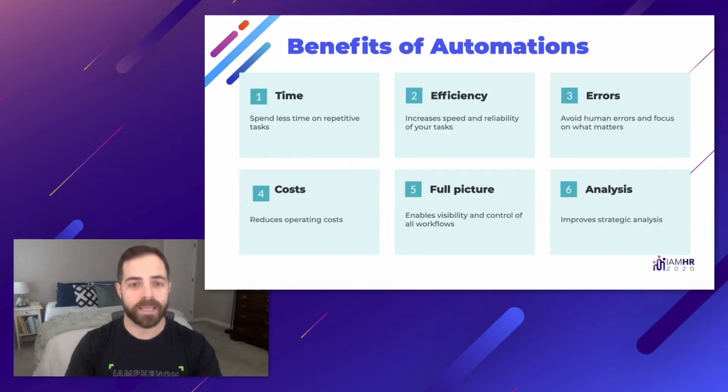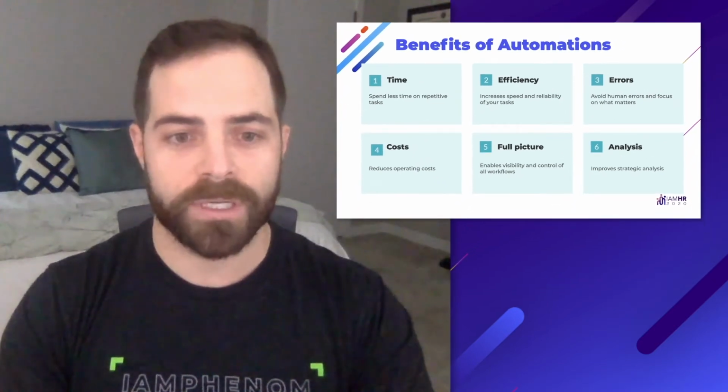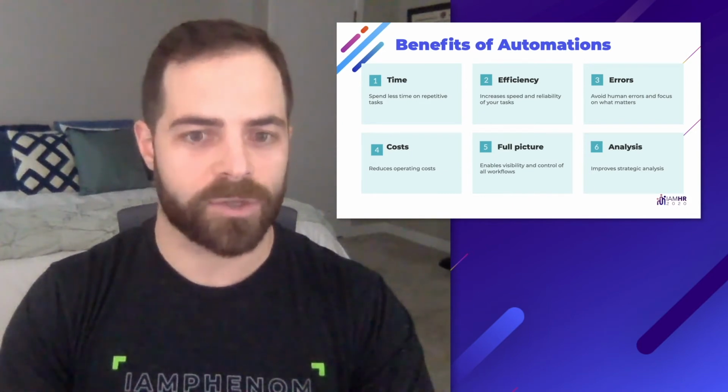It ensures that the same action happens when the certain criteria is met over and over, and it allows you to be consistent and repeatable in your actions. It helps with costs. If you had to do all of this manually, it would chew up a lot of your time and that of your team. So you can become more efficient and cost effective by implementing these automations.